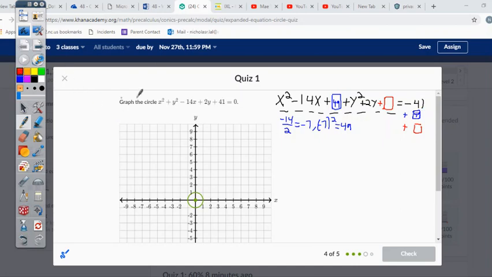And then for the y terms, we have 2 divided by 2 is 1, and 1 squared is 1, so we're going to add 1 here.